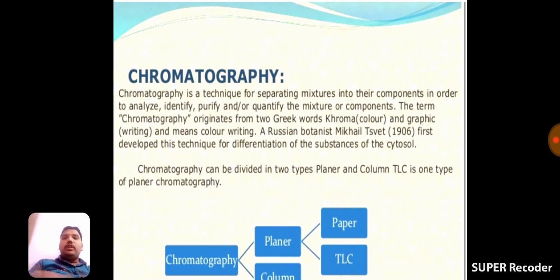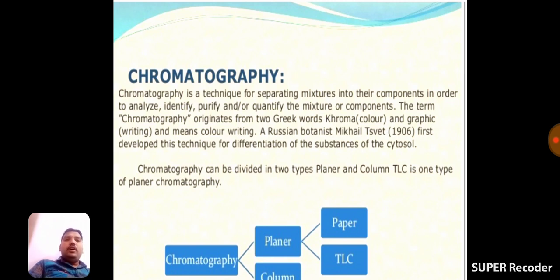Chromatography is divided into two types, planar chromatography and column chromatography. TLC is one type of planar chromatography.